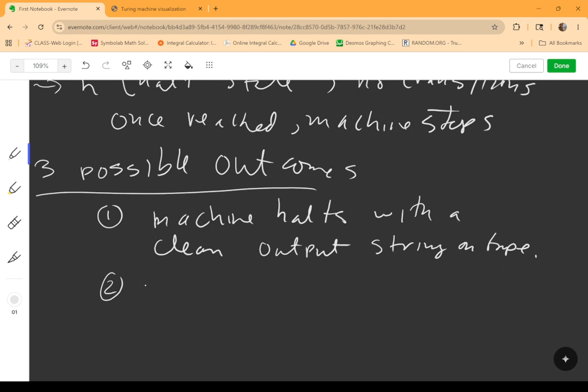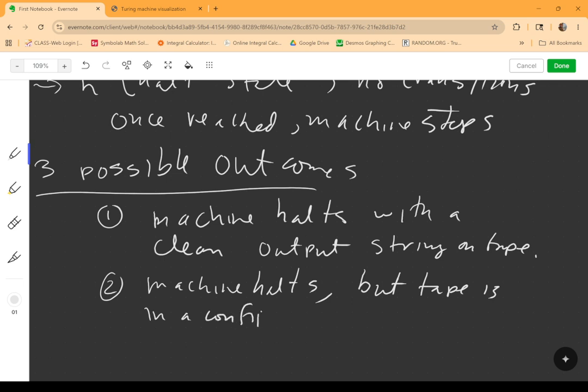Outcome 2 is that the machine halts but the tape is in a configuration that does not count as valid output.